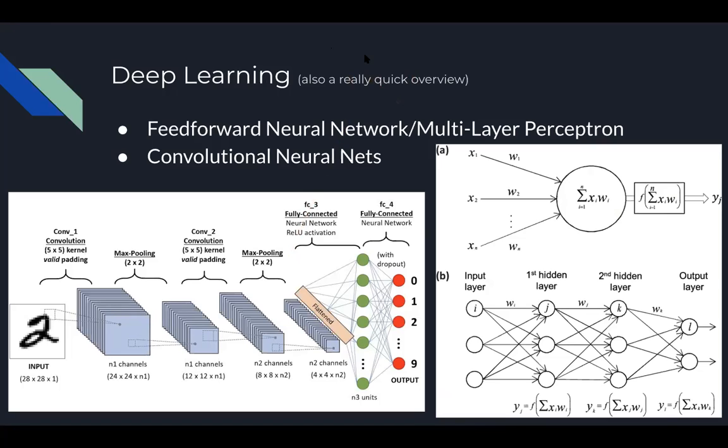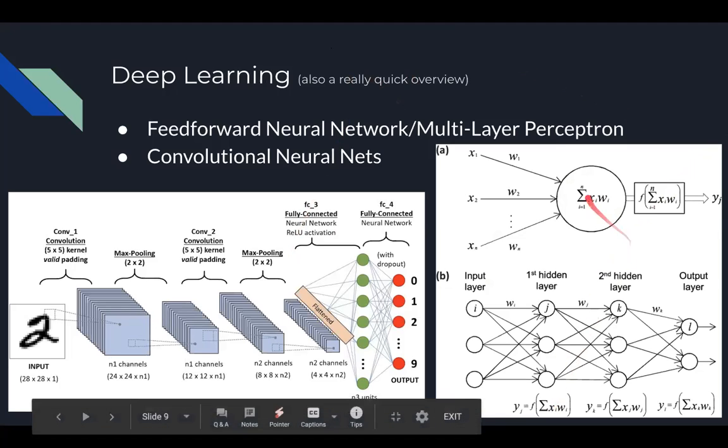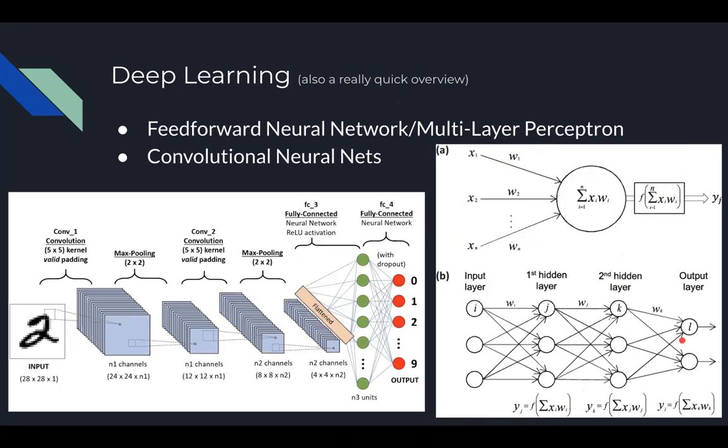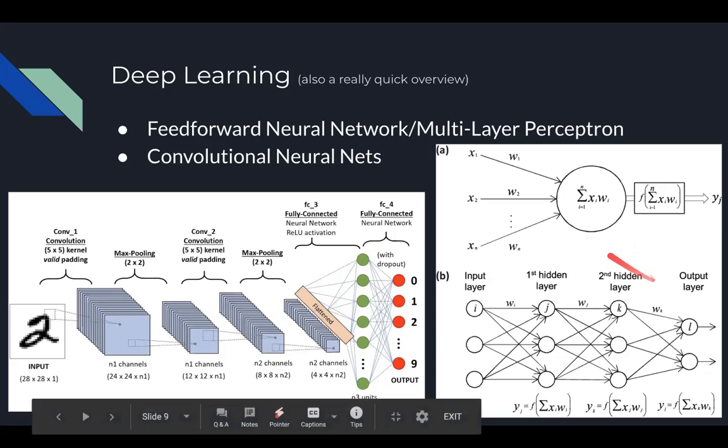Okay, so I can't really teach you all of deep learning with a couple of slides. This is a super quick overview. Basically, deep learning, if you look at this one over here, this is probably the most encompassing graphic or diagram.